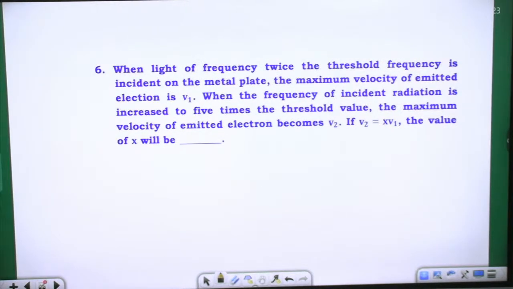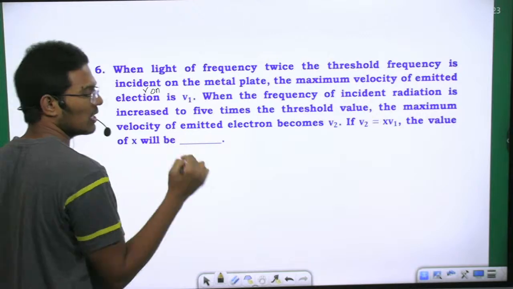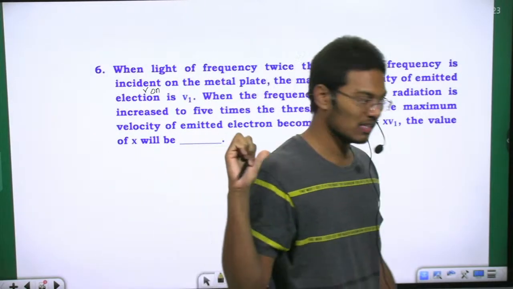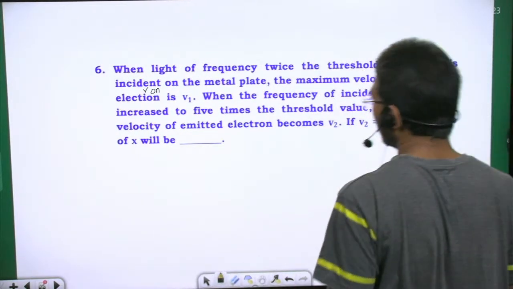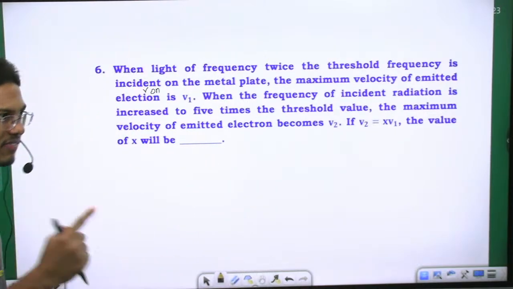So when light of frequency twice the threshold frequency is incident on a metal plate, the maximum velocity of emitted electron. See this question, a similar question was repeated in 24th June first shift. See, the pattern of questions is being repeated. In the same JEE, we got this question in the morning and a similar one in the afternoon.